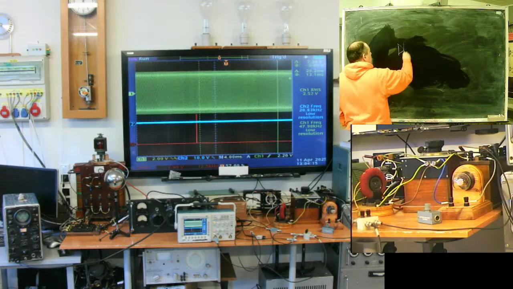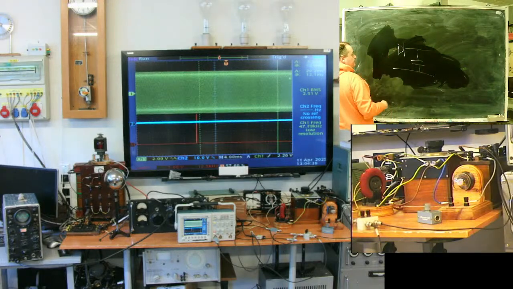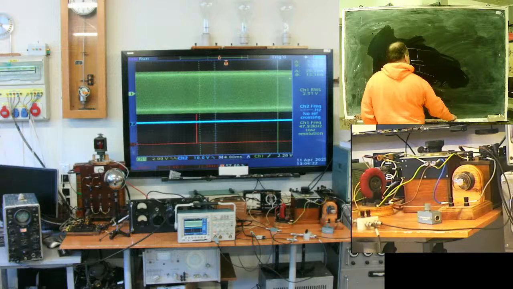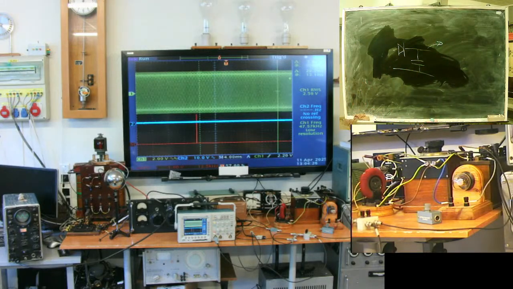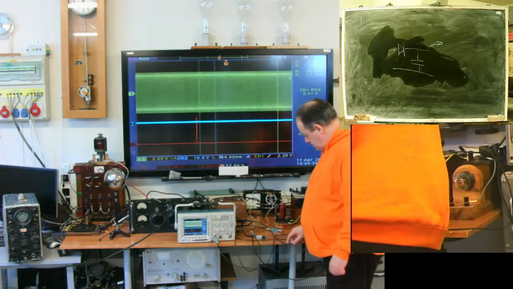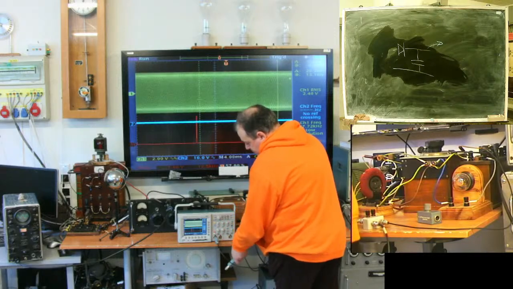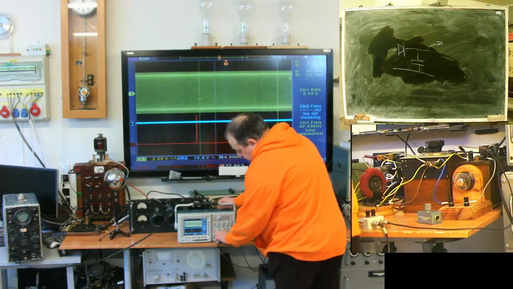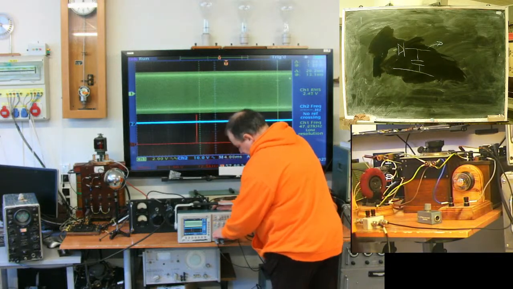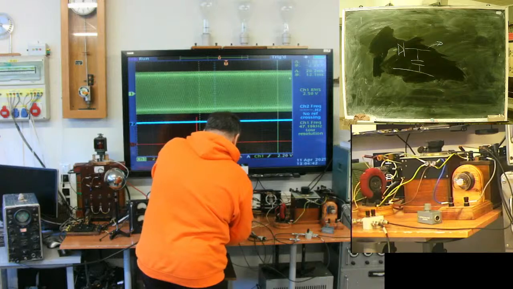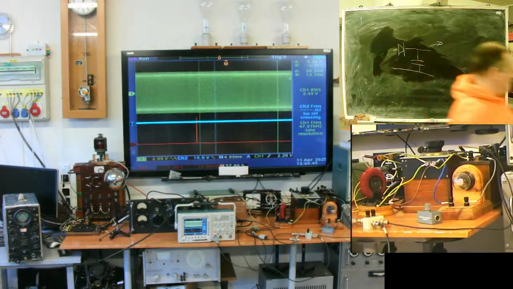I can introduce such a circuit. I will take this one as a second signal. I would like to get the magnitude of my signal.